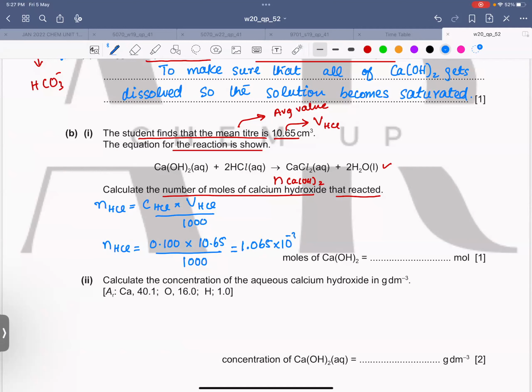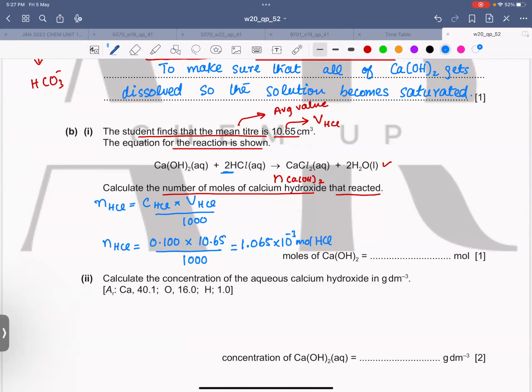Yes, sir. Okay. So these are the moles of HCl that we have found. If we look in the equation, there are 2 moles of acid reacting with 1 mole of calcium hydroxide. So we can take that ratio that the hydrochloric acid is to calcium hydroxide, which is 2:1.